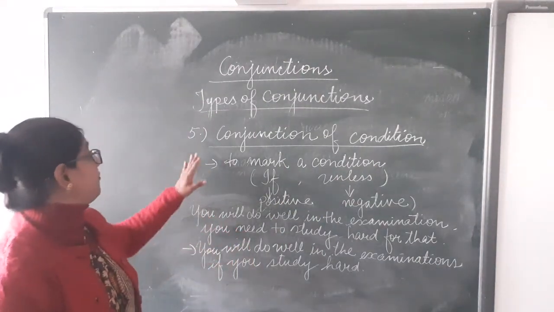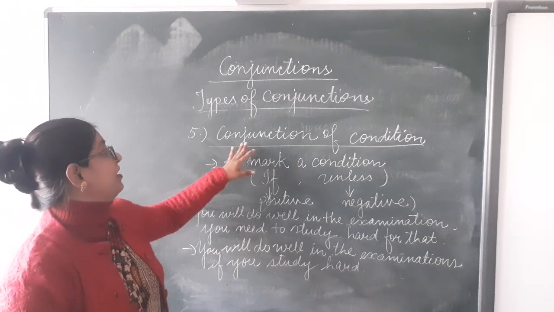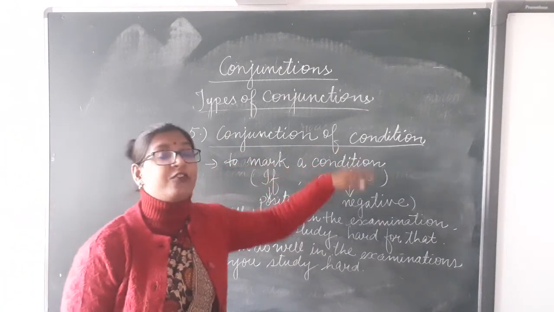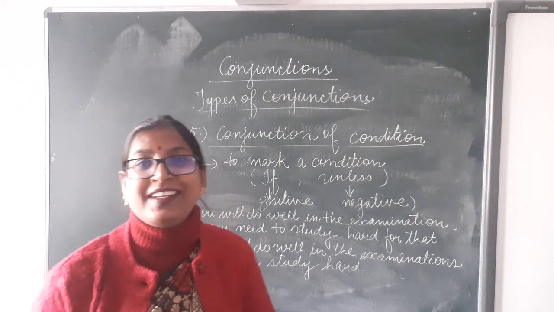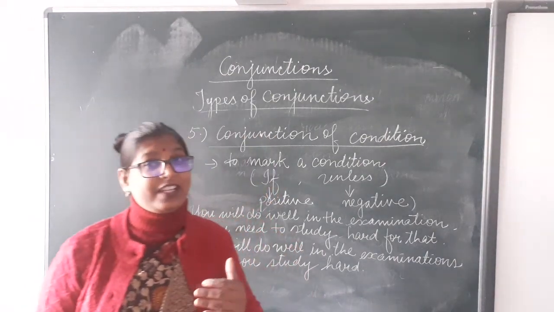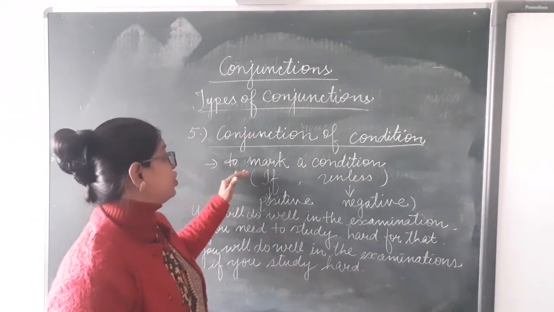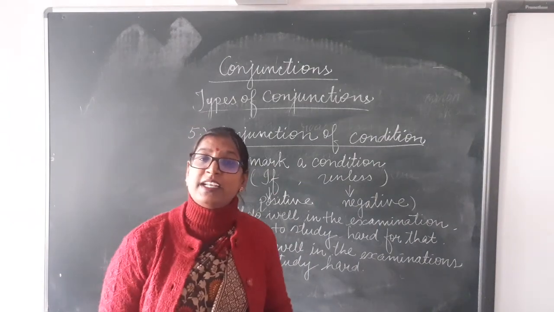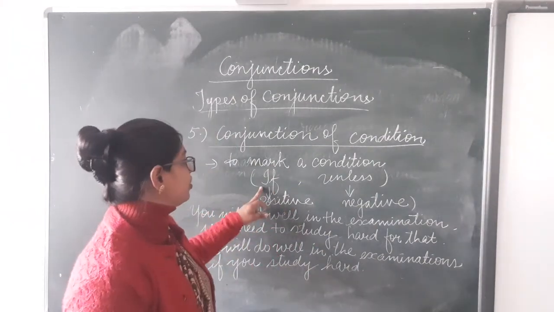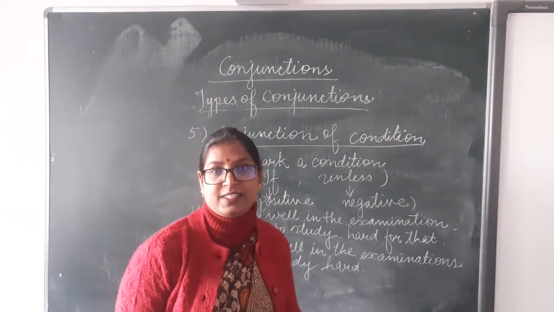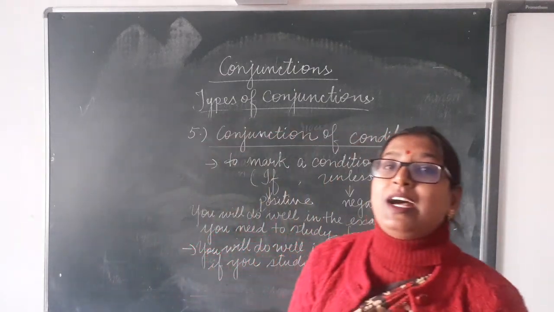Now, let's see the fifth kind of conjunction. Conjunction of condition. If there is a condition, it is used to mark a condition. We use the conjunctions if or unless.